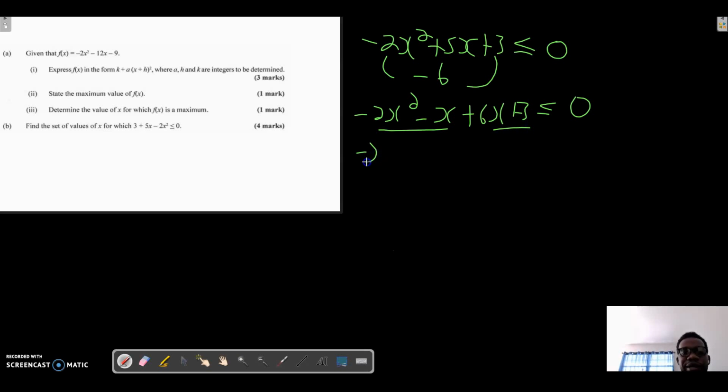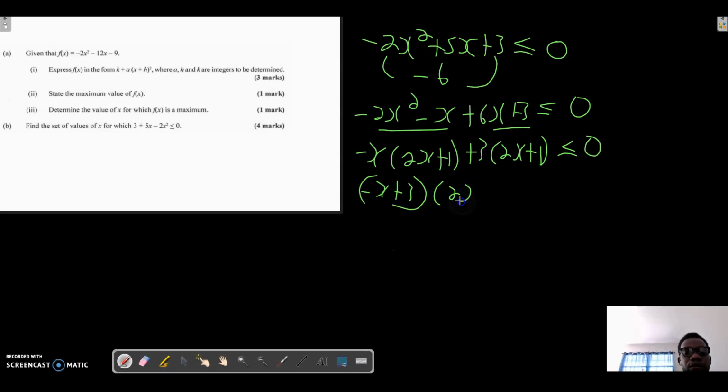So we can take out a negative x here. We have 2x plus 1. Watch the signs carefully. We take out a 3. We have 2x plus 1 is less than or equal to 0. So minus x plus 3, times 2x plus 1, is less than or equal to 0.